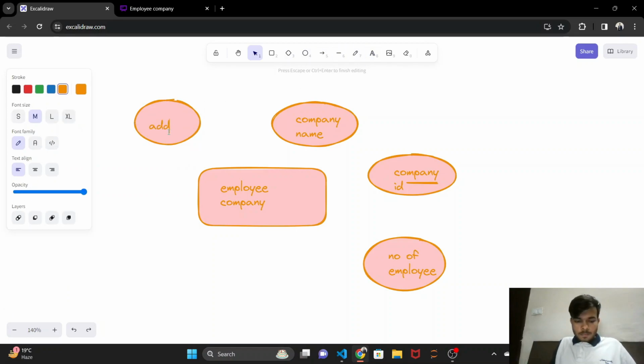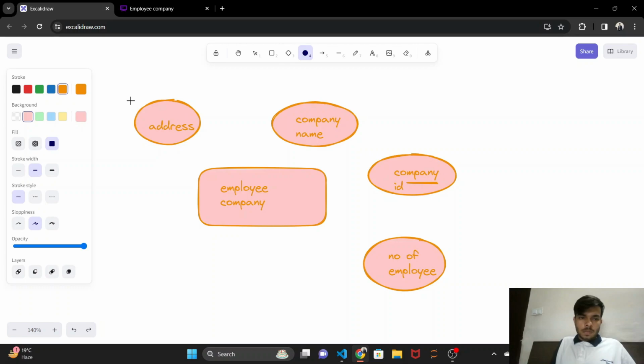Next attribute will be address of company. As address of company is multi-valued, it will be represented by double circle.